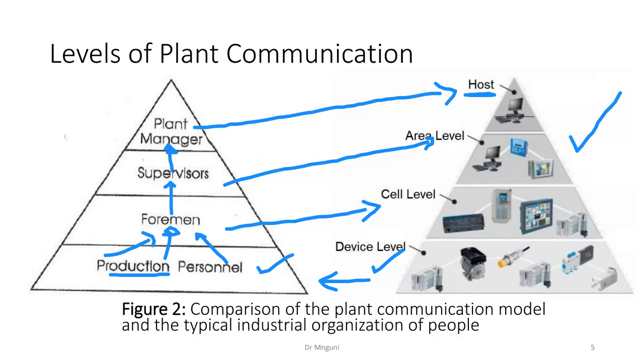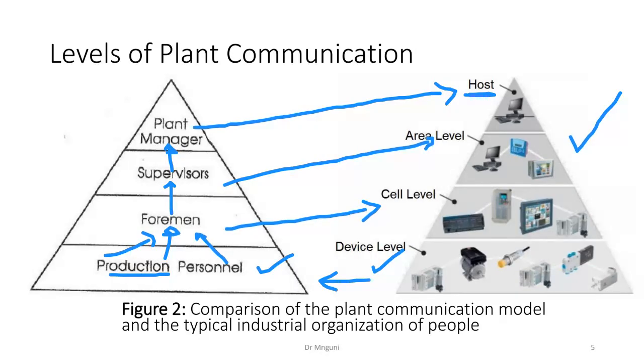And then the HOD needs to report to the deans, and the deans are sitting right over here. And the deans, where do they report to? They report to the vice chancellor, who is sitting right on top there. So now the vice chancellor will make a decision, and then he will convey that information to the dean, and then the dean will call the HODs, and then the head of department will call the lecturers, and the lecturers will apply whatever task is done there.